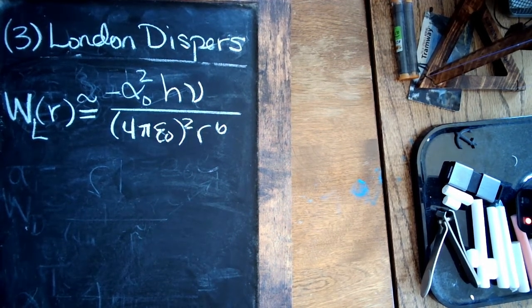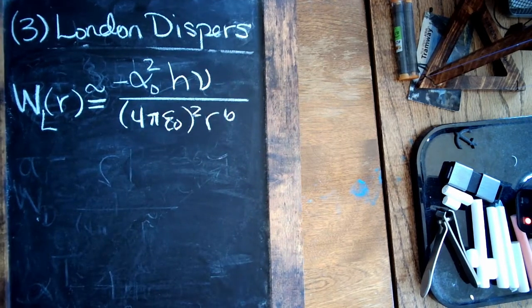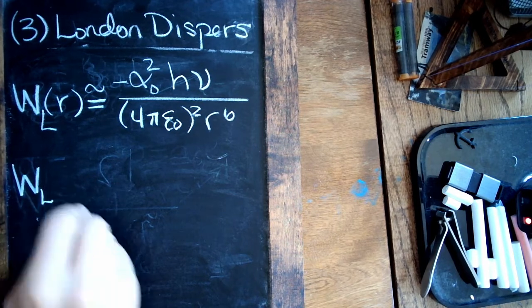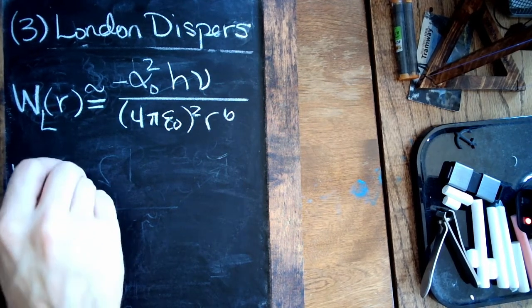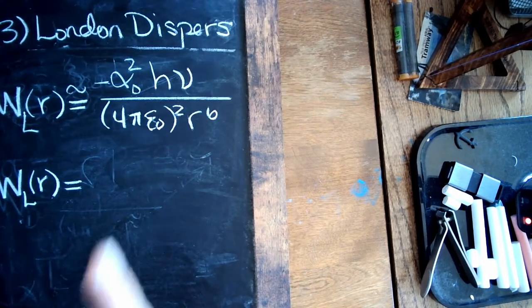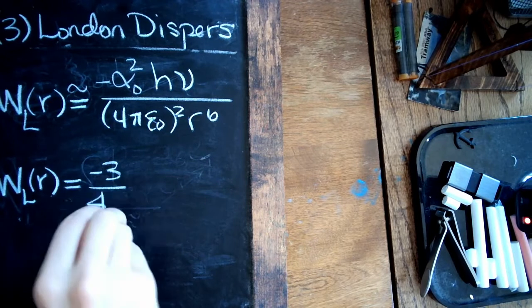How could we track down the more accurate numerical factor? Well, we'd have to do those quantum mechanical calculations, but that's what London did, so we can just quote his result. London's actual result for the dispersion energy, so we'll put a proper equal sign here, is just what we found before, except it's a 3/4 in front.